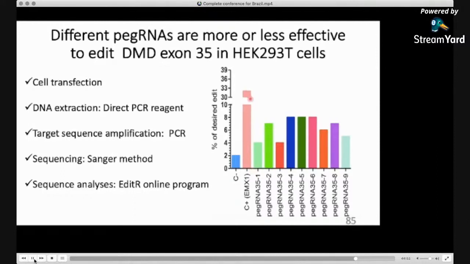However, for the exon 35 mutation, we had a 2% background in the sequence of the negative control. And with the different pegRNAs, we have a mutation ranging from 4 to 8%. So this was not as great as for the EMX1 gene.